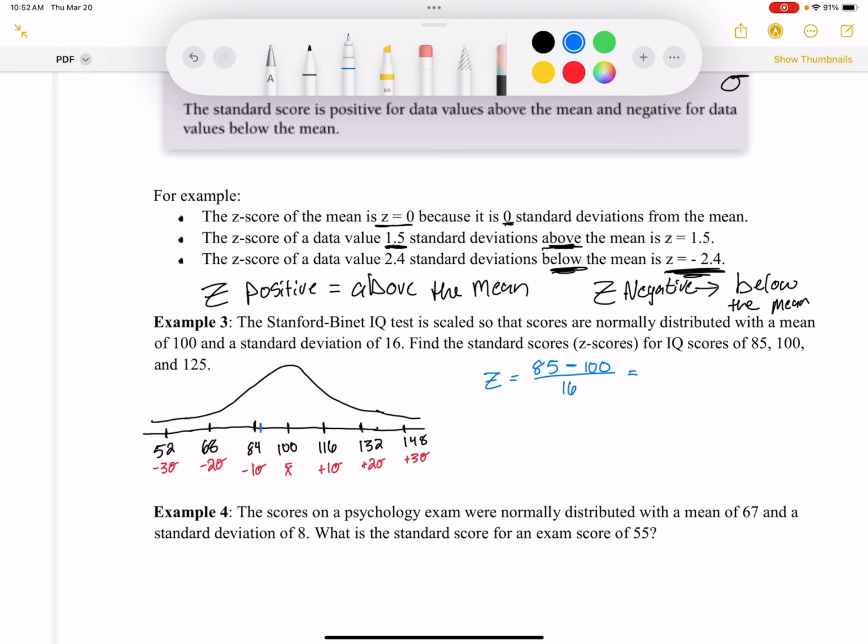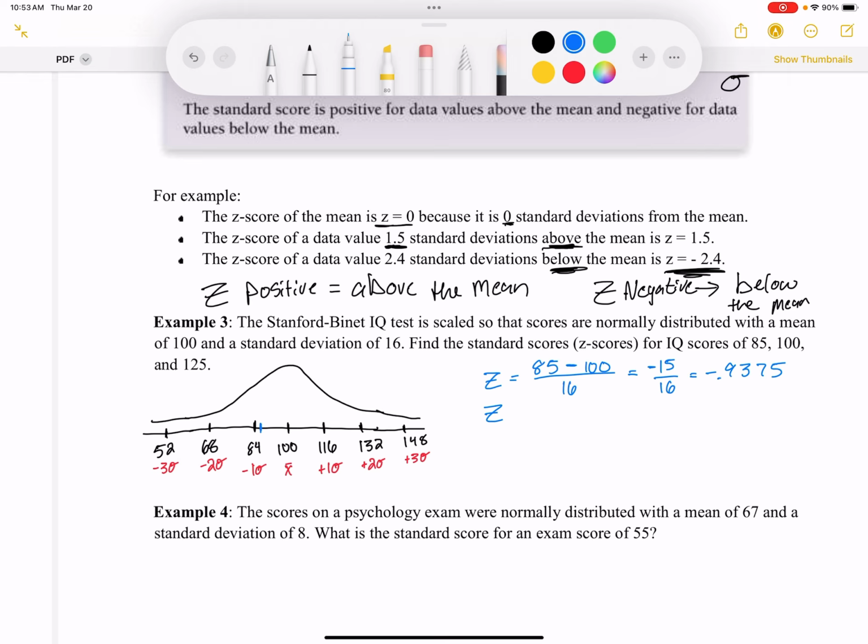So 85 minus 100 is negative 15, divided by 16. Negative 15 divided by 16, we can say the Z-score is negative 0.9375.